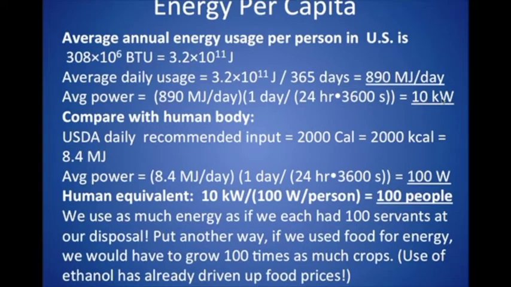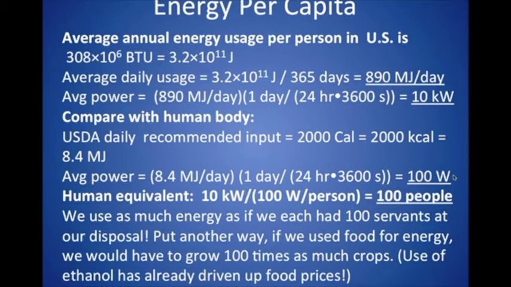Okay, so 10 kilowatts. Let's compare that with the energy that your body uses. So if you have an input of 2,000 food calories, or 2,000 kilocalories per day, that's 8.4 megajoules. Again, divide that by the number of seconds in a day. That works out to 100 watts.